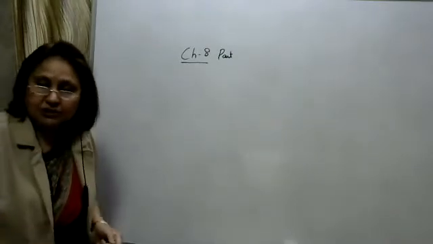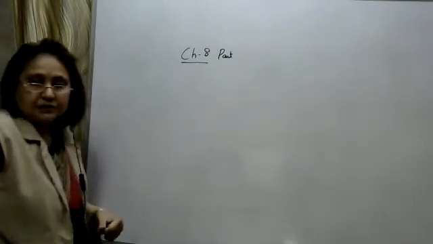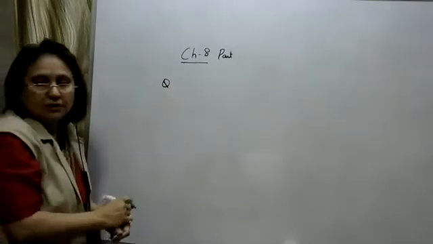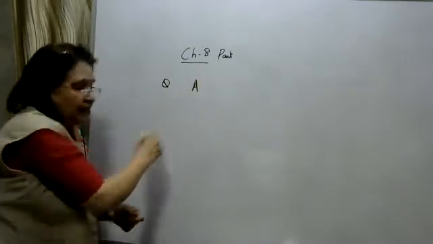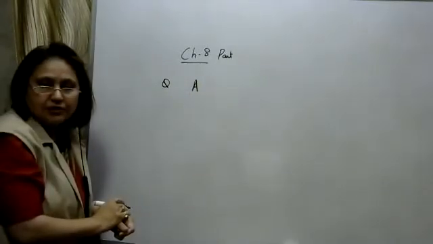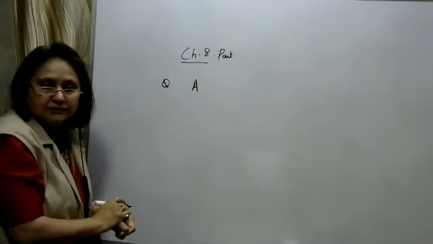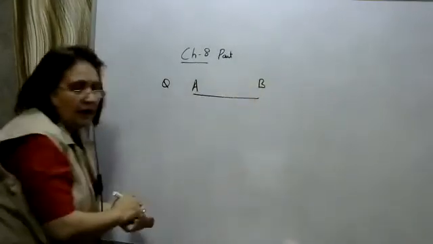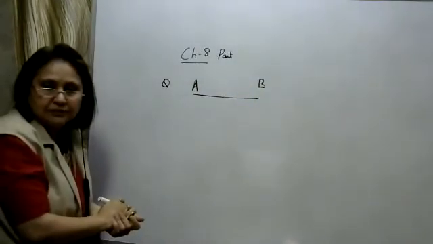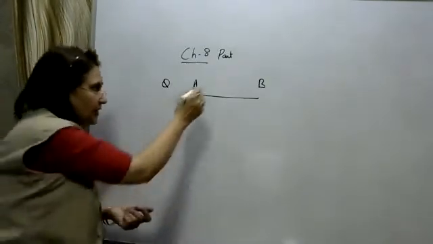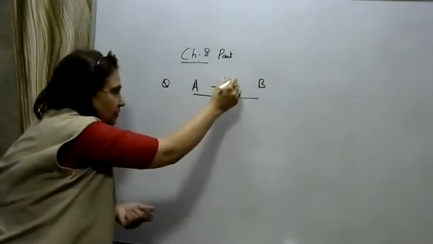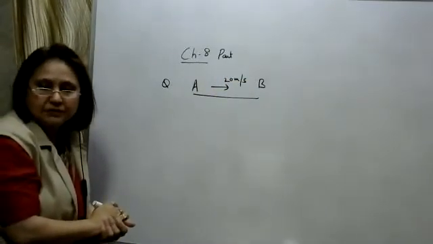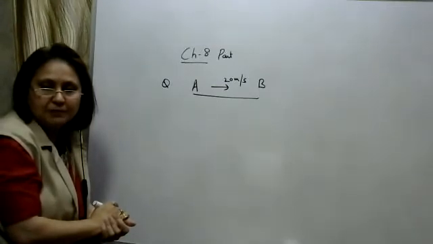Write one more question. Write down: an object starts from point A, moves in a straight line and reaches a point B, with a speed of 20 meters per second.